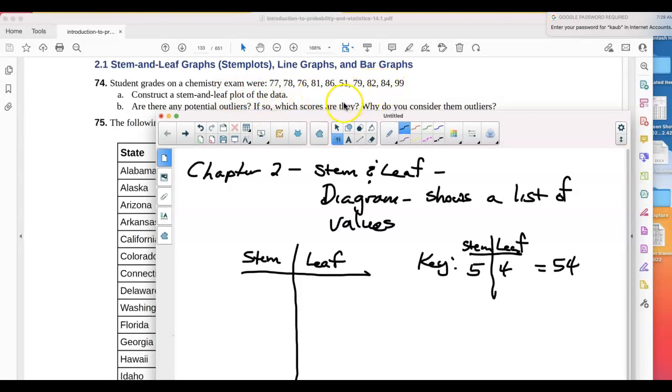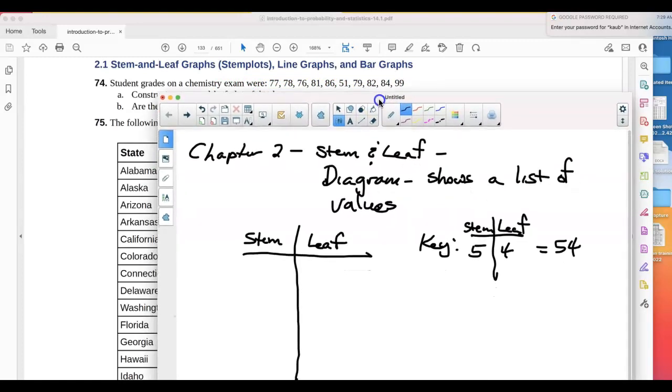Well, the stem part is going to be the tens place. So it's going to be 5, 7, 8, or 9. We usually list all of them from the low end to the high end. So we have a 5 for a 51. We don't have any 60s.